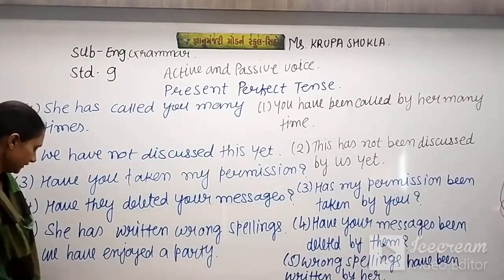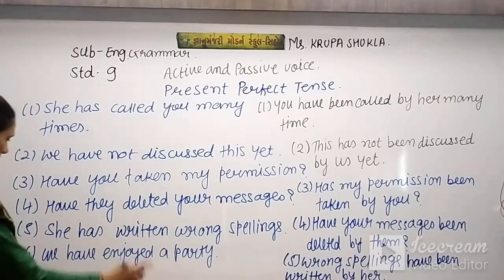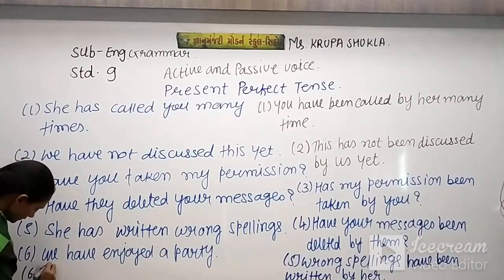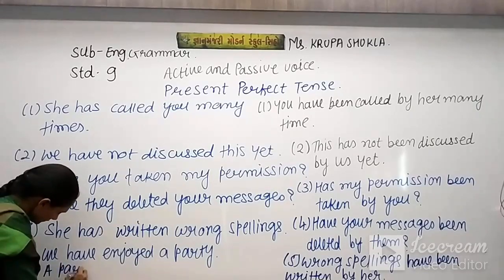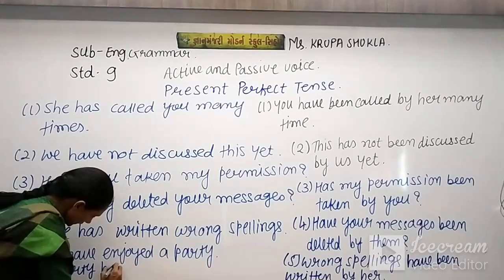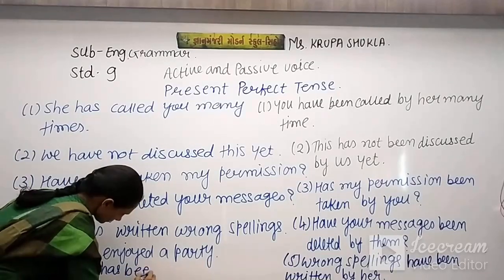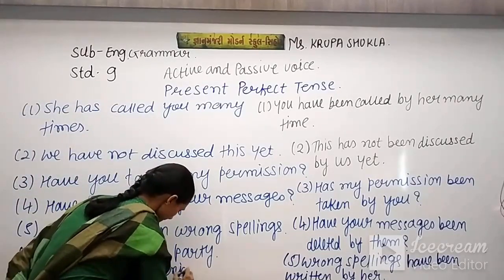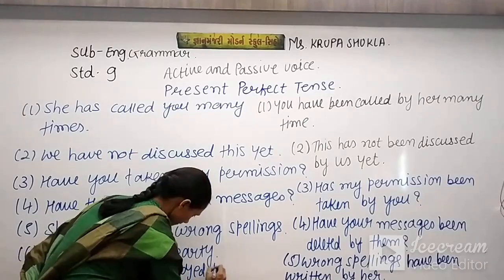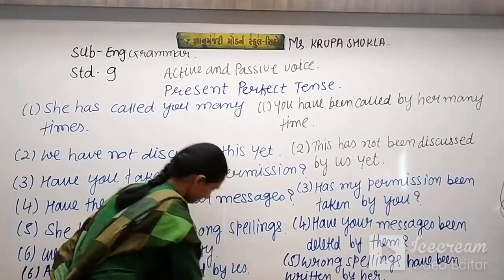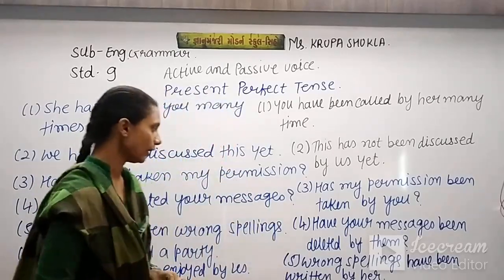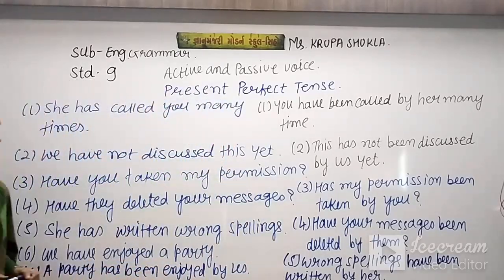Okay. Here we have, we have enjoyed a party. The answer of this I am writing here: a party has been enjoyed by us. So these are the 6 mixed sentences. You have some time to note this down. Please note down.